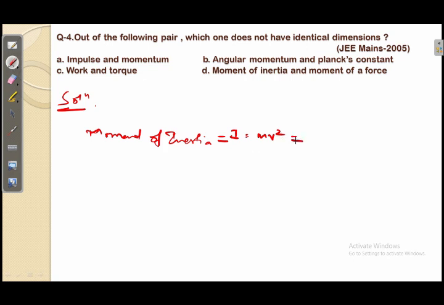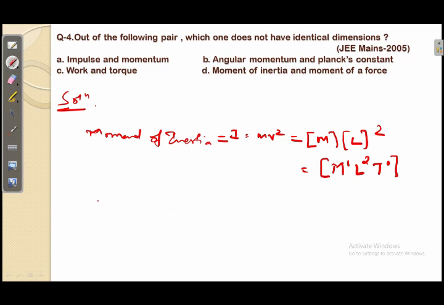If you calculate the dimension, mass has the dimension M, into r square, that is square of the distance, L square, so that is M to the power 1, L to the power 2, T to the power 0.